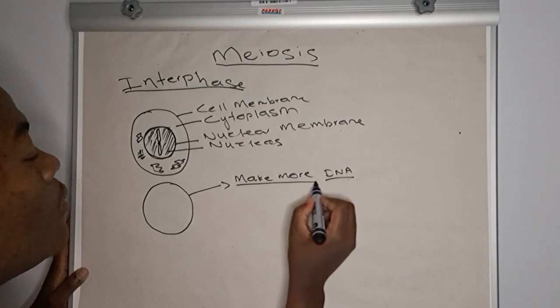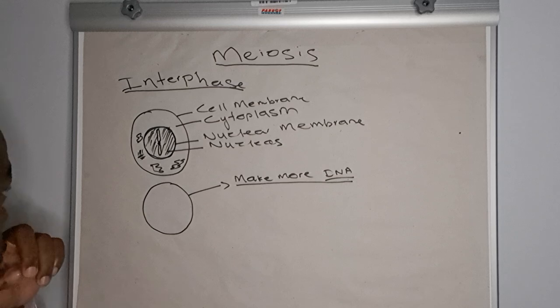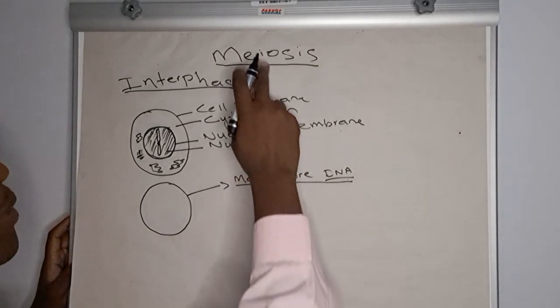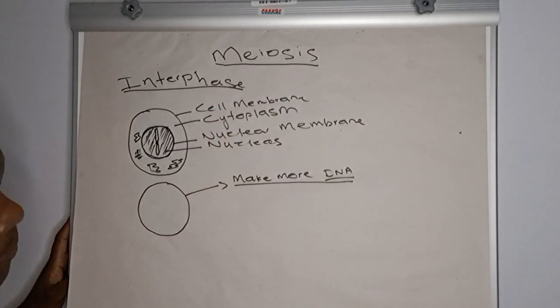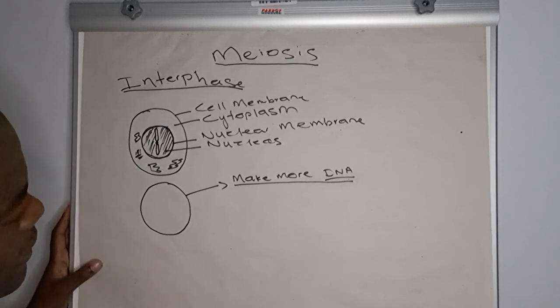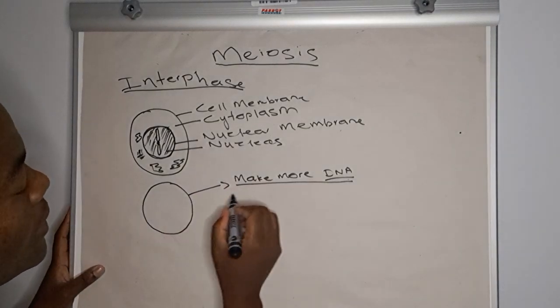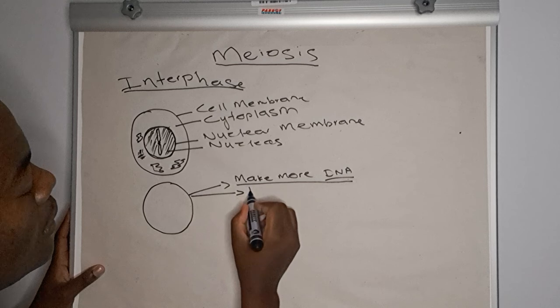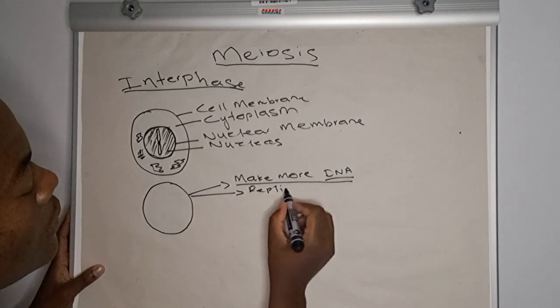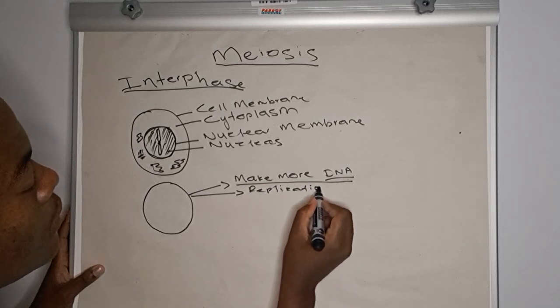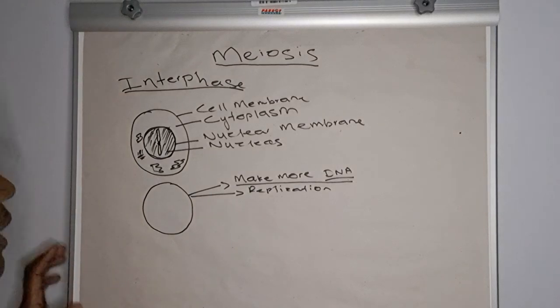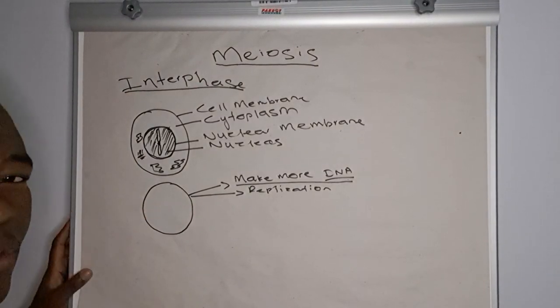That's the first thing that has to do with interphase in the process of meiosis. What is the second thing? Actually, making more DNA is the same as saying replication. So now we understand here we must make more DNA.